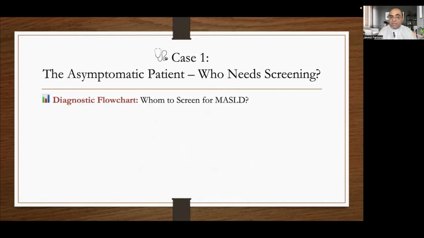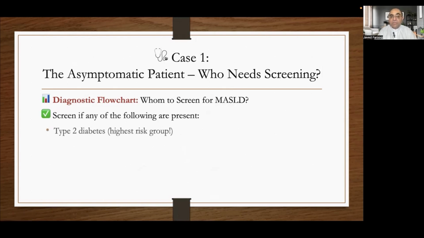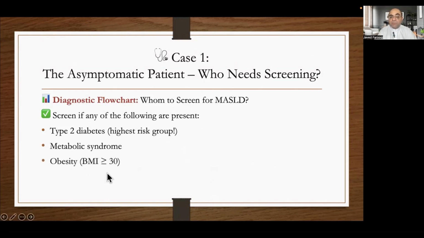So what should be the diagnostic flowchart? Whom to screen for MASLD? Screen if any of the following are present: type 2 diabetes, and this is the highest risk group for MASLD; metabolic syndrome; obesity, BMI more than 30; and unexplained elevated liver enzymes.